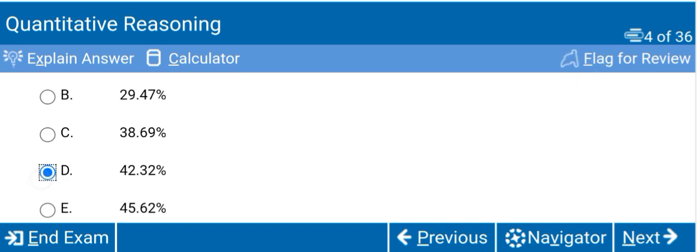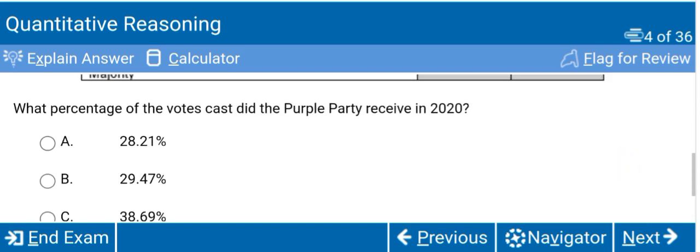So the correct option is option D, 42.32%, the percentage of the votes cast that the Purple Party received in 2020.